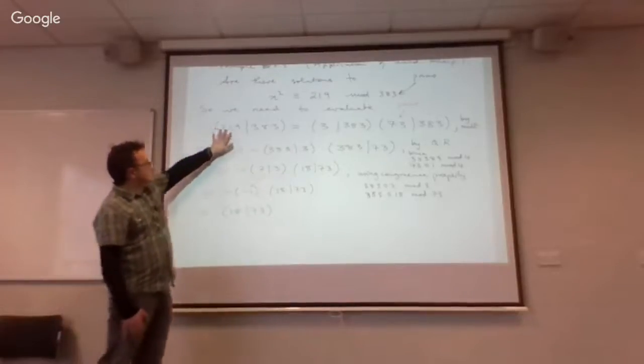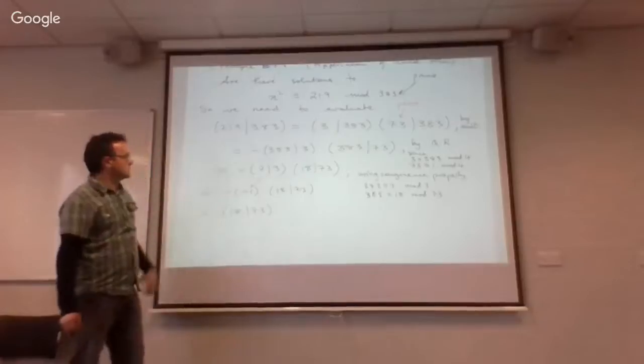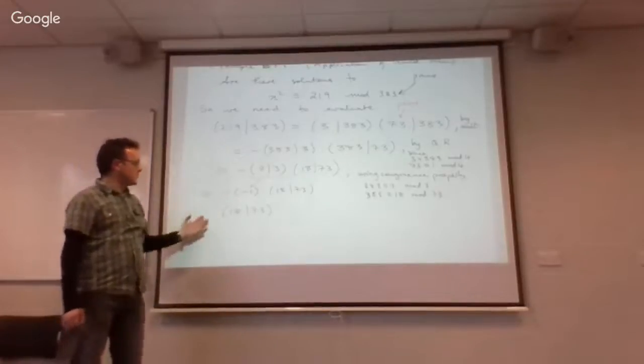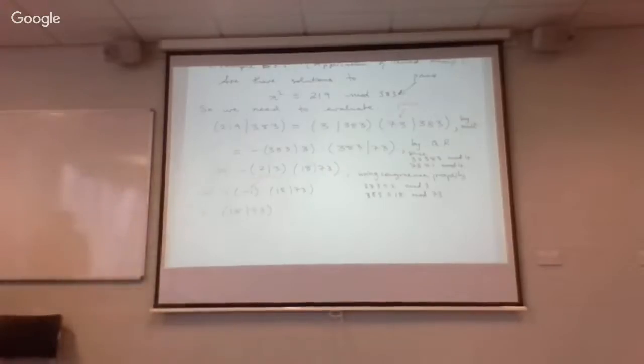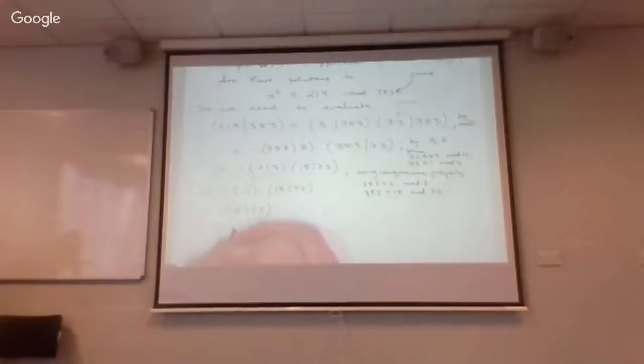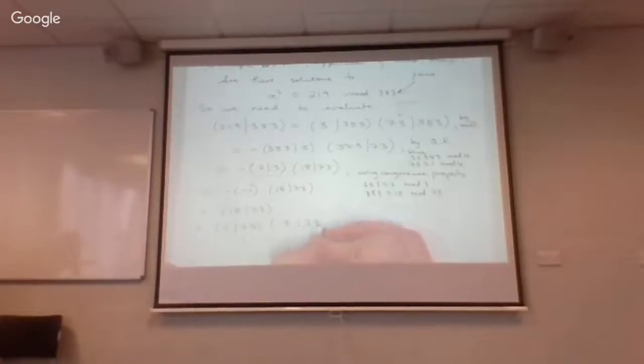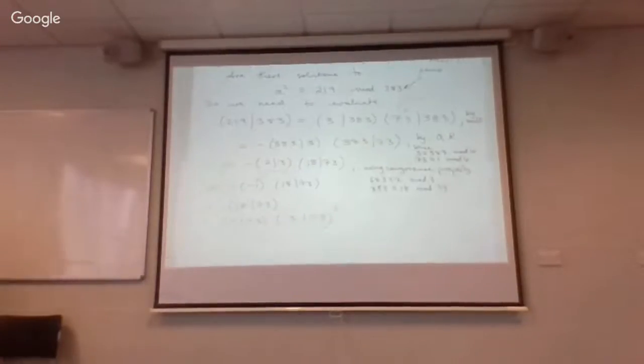So is 219 a quadratic residue modulo 383? That has the same answer as is 18 a quadratic residue modulo 73. So we keep going. We factorize. 18 is 2 times 9, and 9 is 3 squared. Remember, it's completely multiplicative.